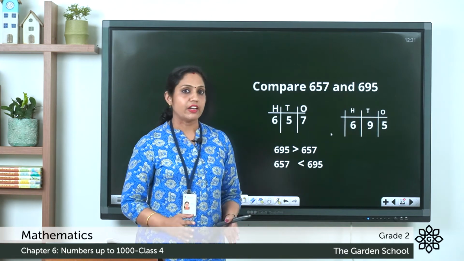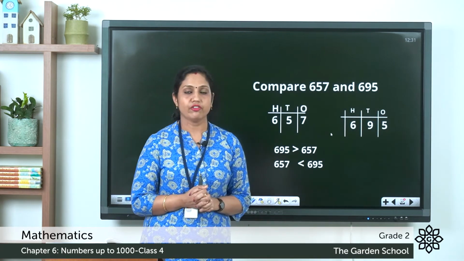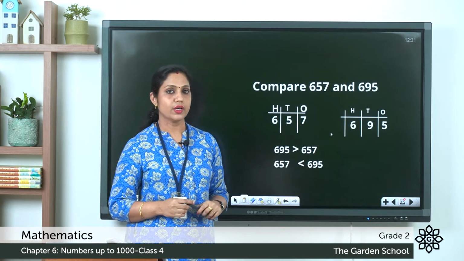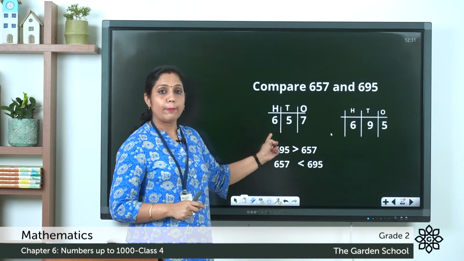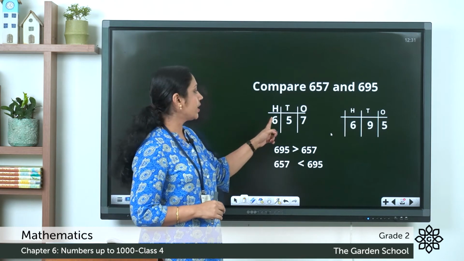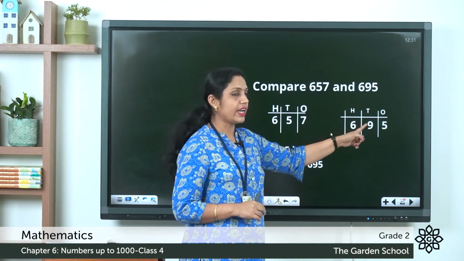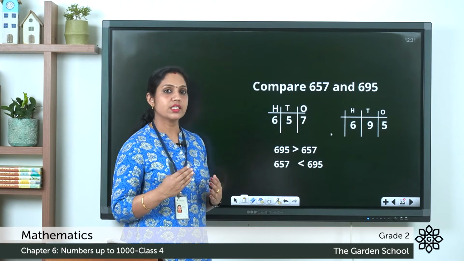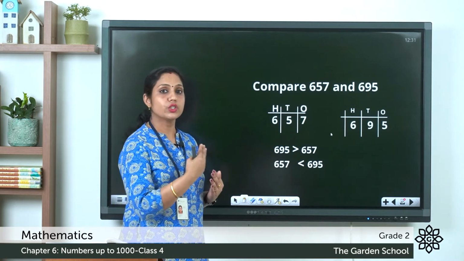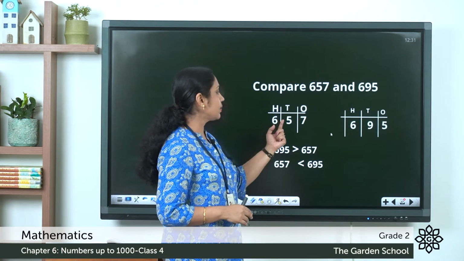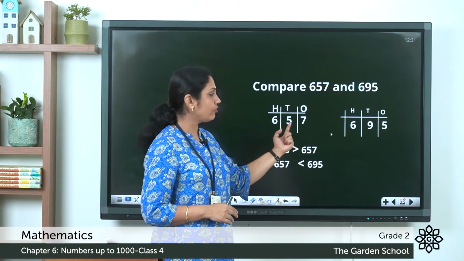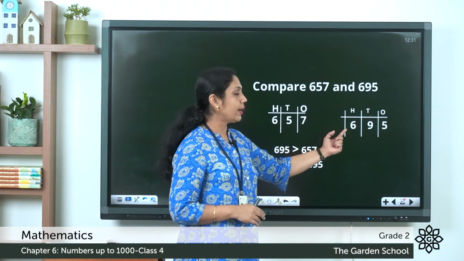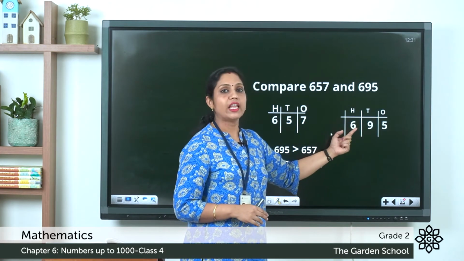We have 657 and 695. Both are 3-digit numbers and we have to compare which is greater. So 657 and 695. In the hundreds position, we have 6. So what is the next step we have to do? We need to move on to the tens position. So in the tens place, in the number 657, we have 5 and in the number 695, we have 9.